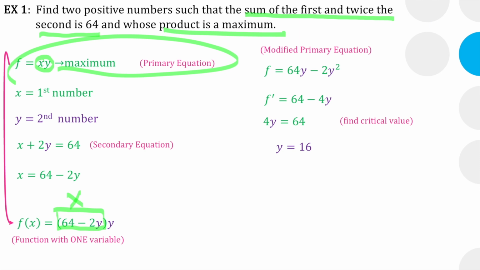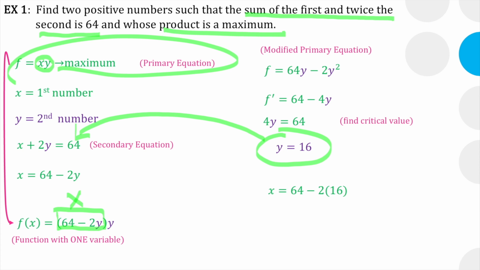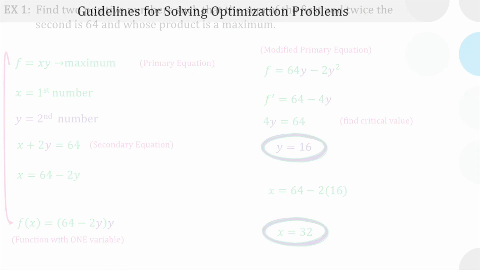That's the 0 of our derivative, or our critical value. And then we can use y to figure out what x is going to be. X is 32. So there's our two numbers, y equals 16 and x equals 32. We just solved an optimization problem.